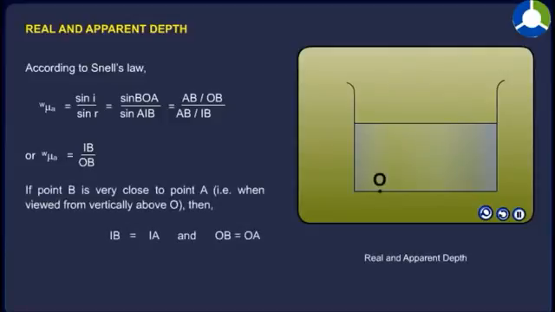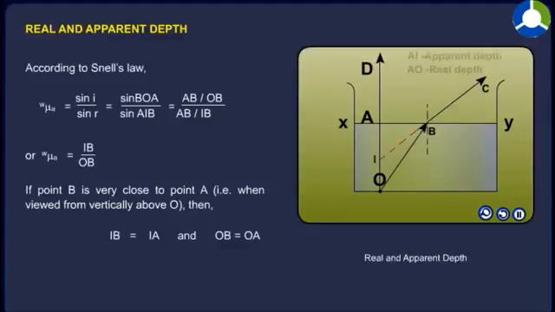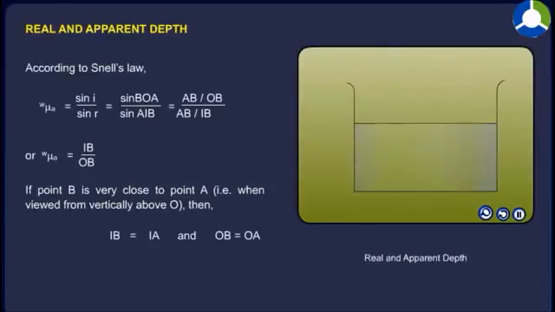If point B is very close to point A, that is, when viewed from vertically above O, then IB is equal to IA and OB is equal to OA.